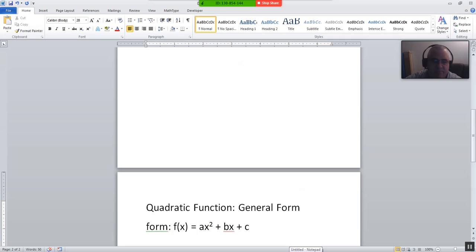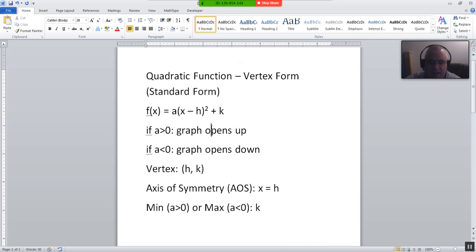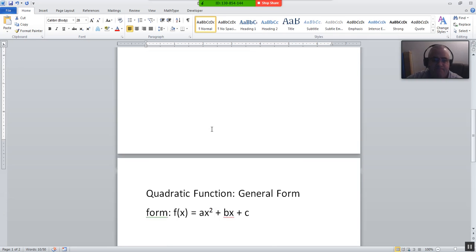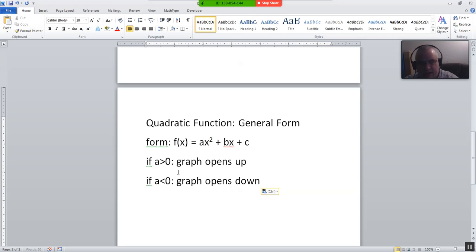Now up here we said if a is greater than 0, graph opens up. If a is less than 0, graph opens down. Still applies. Now our vertex is given by negative b over 2a, then f of negative b over 2a. That's actually called the vertex formula. Now our axis of symmetry, I'll just abbreviate AOS, is x equals negative b over 2a.